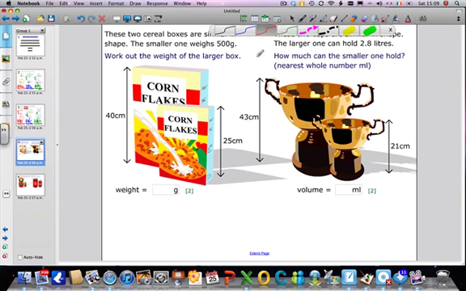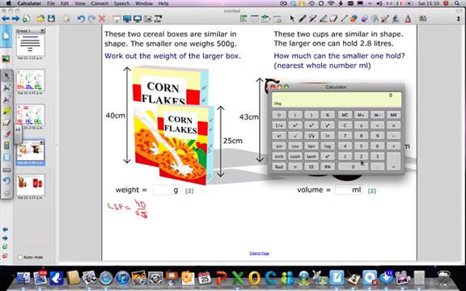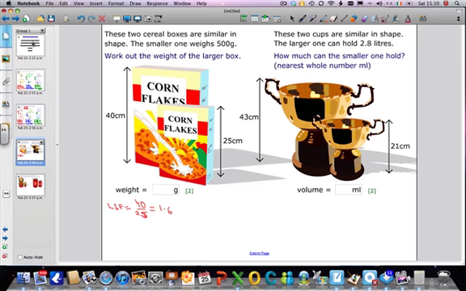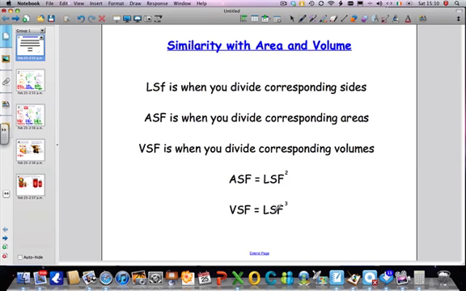So what we can say is we can work out the linear scale factor. The linear scale factor is going to be equal to the big side divided by the small side, 25, that should say. So 40 divided by 25 gives us 1.6. So the linear scale factor is 1.6. Now, if I cube the linear scale factor, that gives me the volume scale factor.